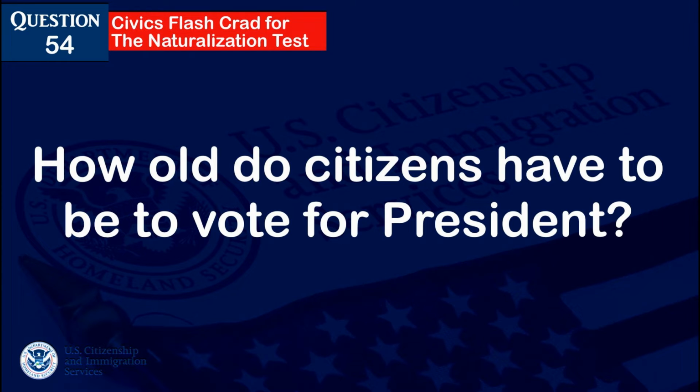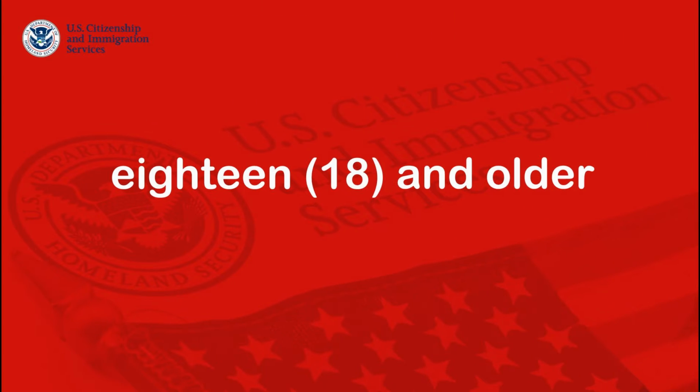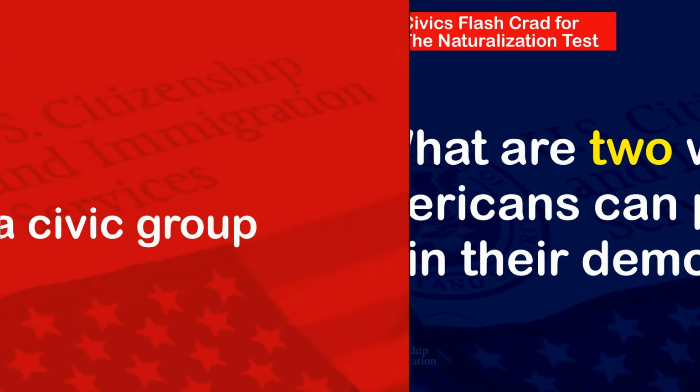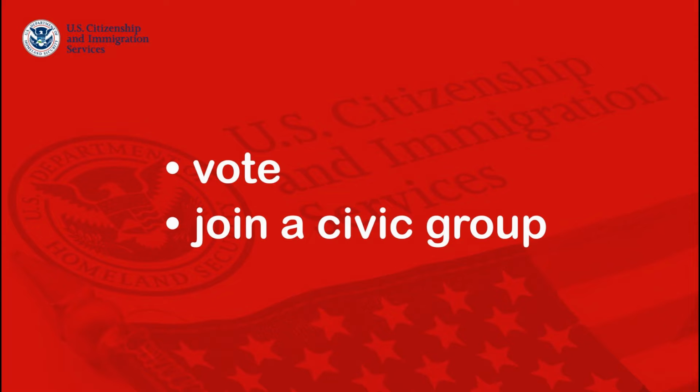How old do citizens have to be to vote for president? 18 and older. What are two ways that Americans can participate in their democracy? Vote. Join a civic group.